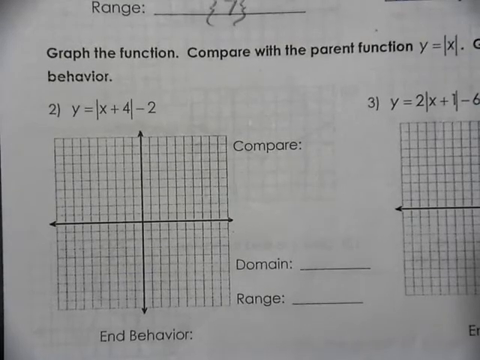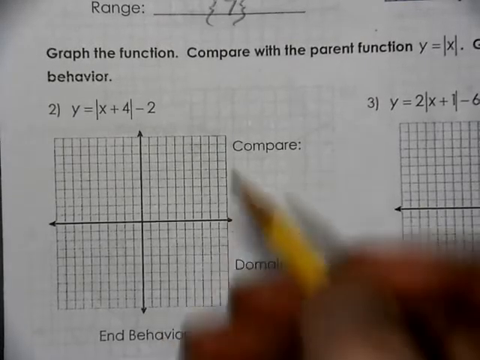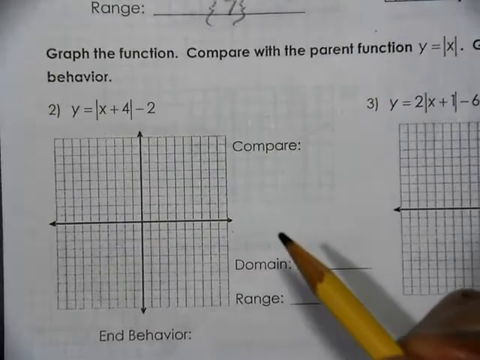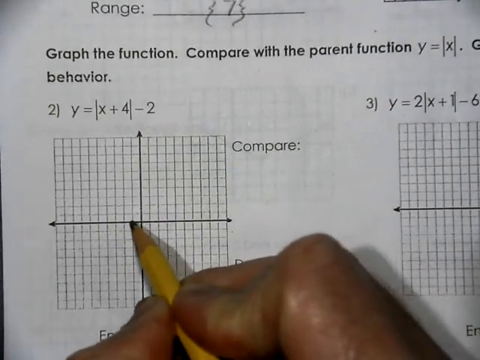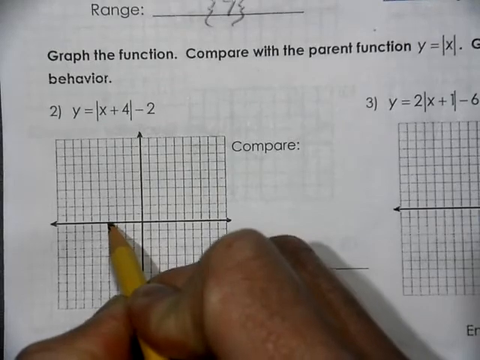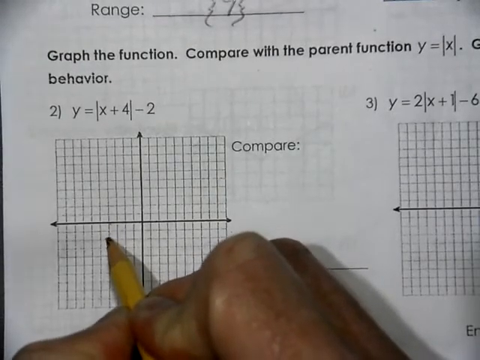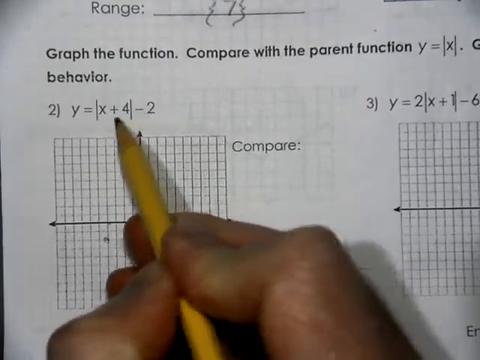For graphing, in our notes we learned a little quicker way rather than the RST. We will continue to use RST with other types of functions. We can use the vertex, -4, -2. That's our vertex.